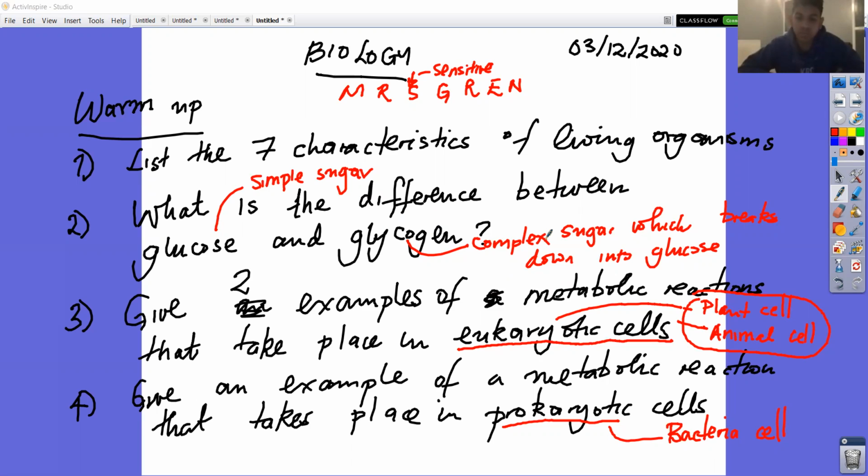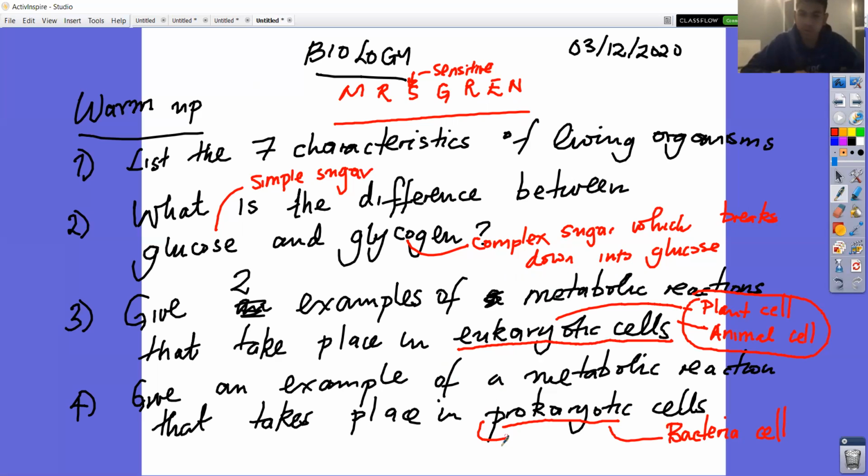Now look back to what you've just said on the 7 characteristics of living things. So could all of those 7 be metabolic reactions? No, absolutely not. So is it just respiration?